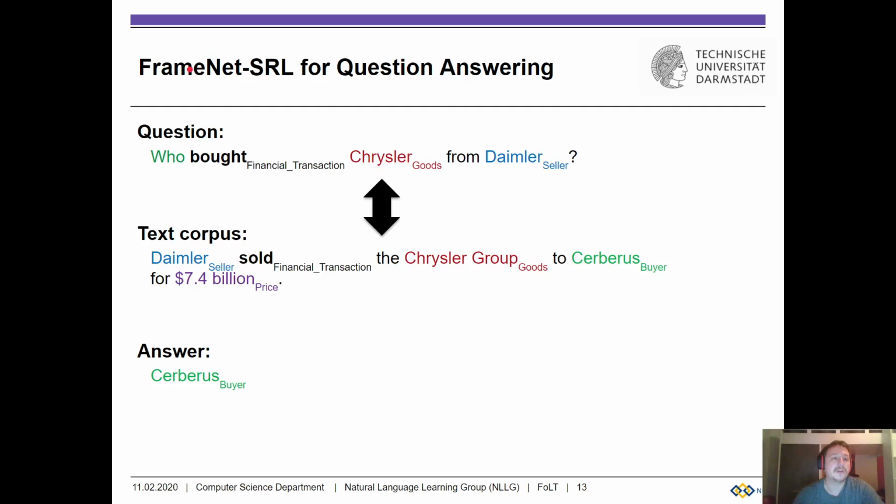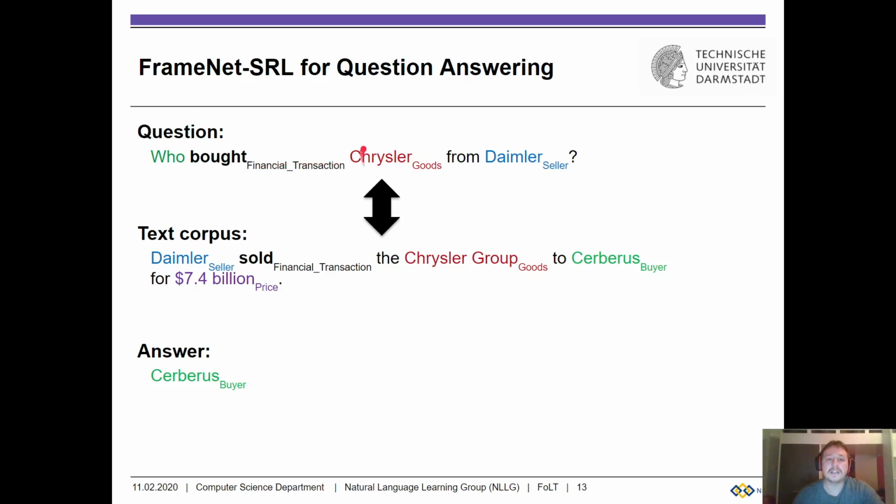And if we're in the context of this FrameNet framework, we would identify the prototypical situation, which, as I said, is usually a verb. So it's bought here. It's the buying word. That would be the prototypical situation, so it's a financial transaction.